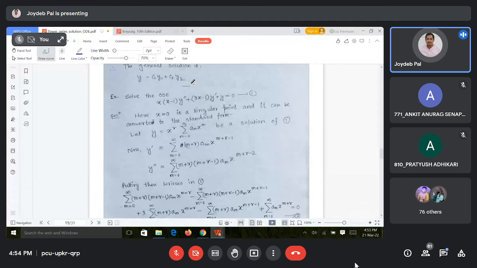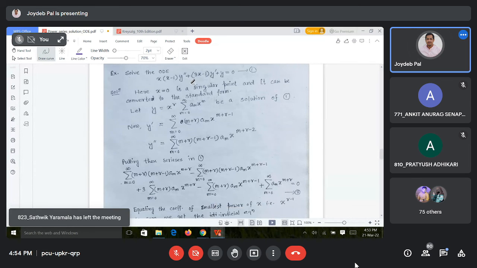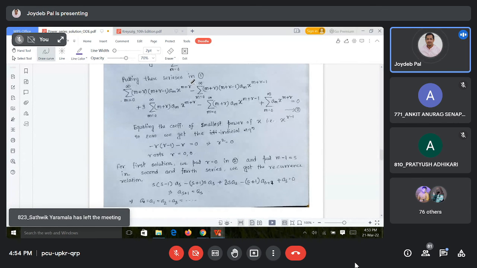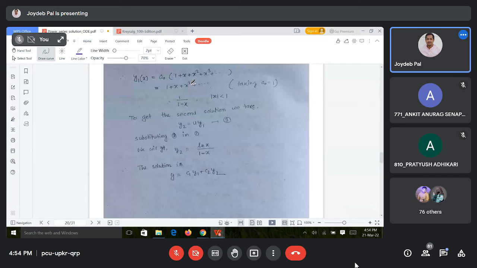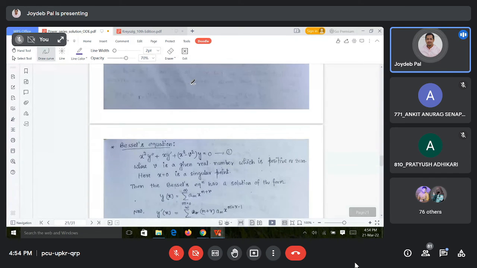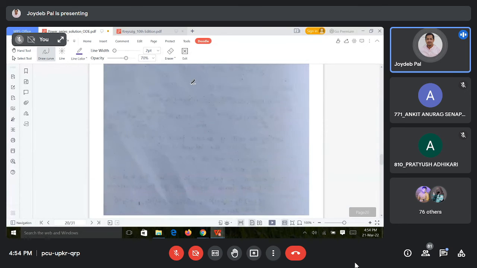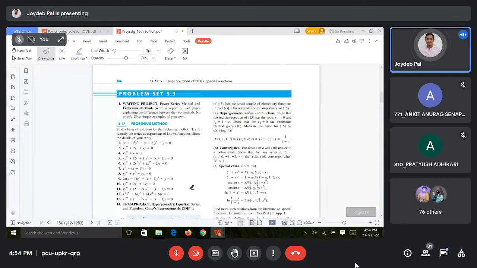So another example, it is the book problem. This one I already discussed. See, okay, now you have to practice. There are several problems in your textbook.